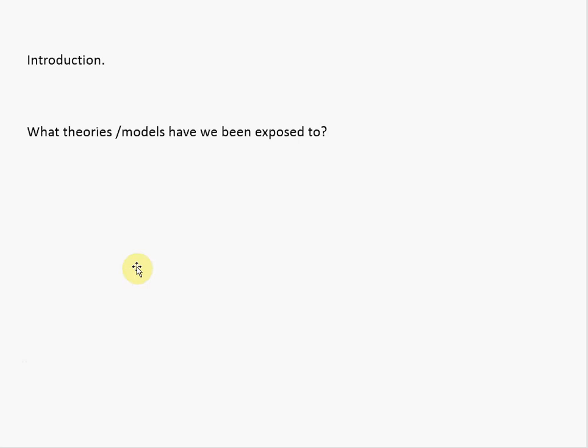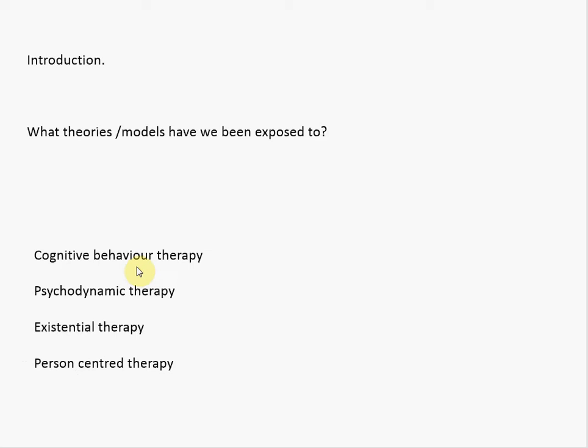If you are a counselling psychologist or a trainee counselling psychologist, the chances are that you've been exposed to one or probably two of these main models of psychotherapy: cognitive behaviour therapy, psychodynamic therapy, which is the two we do here at the University of the West of England, also existential therapy and person-centred therapy. For example, Glasgow Caledonian use person-centred as one of their core approaches.